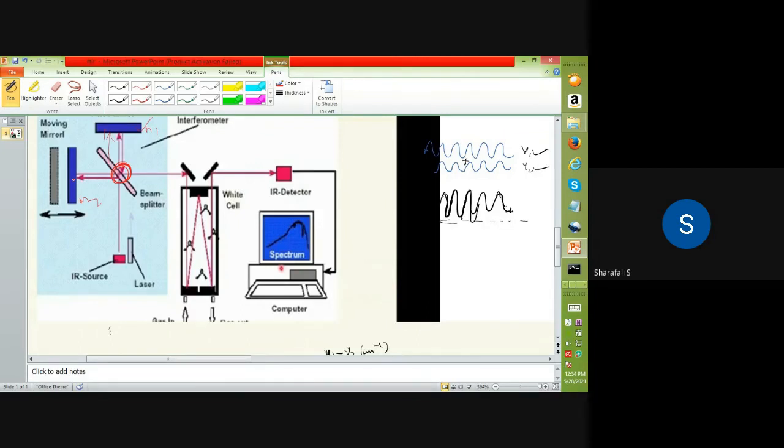Mu1, for example, if you are considering a single wavelength with respect to that path difference, it will interfere constructively or destructively, resulting in maximum and minimum intensity. Each of these frequencies will interfere like this, and the interference will give you a cosine kind of variation of intensity, as we discussed earlier.